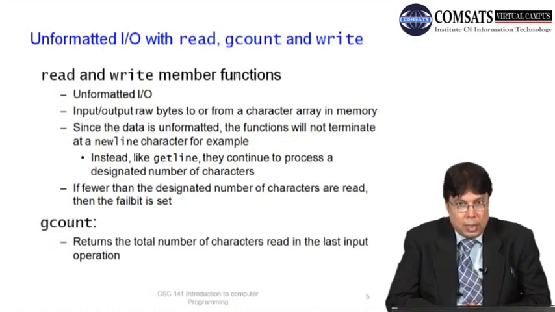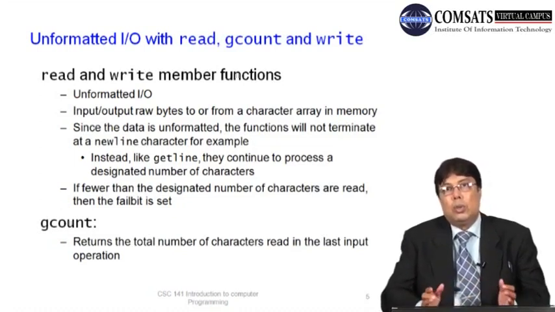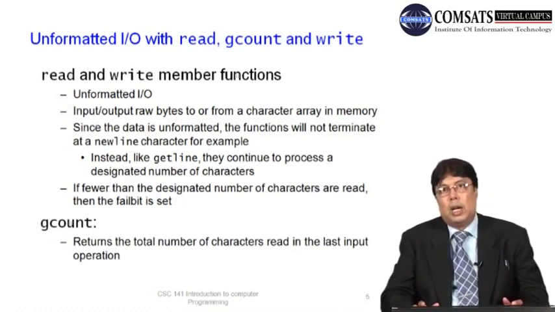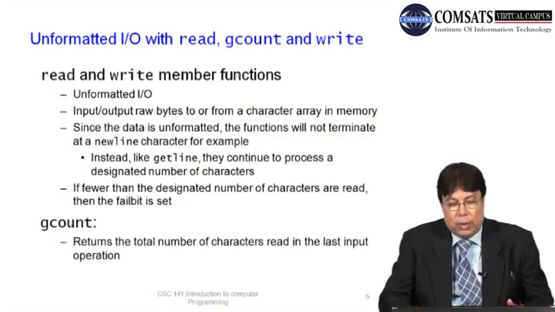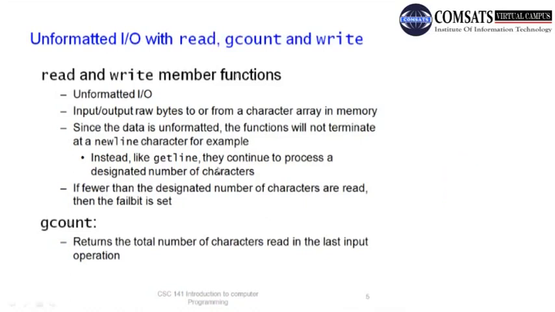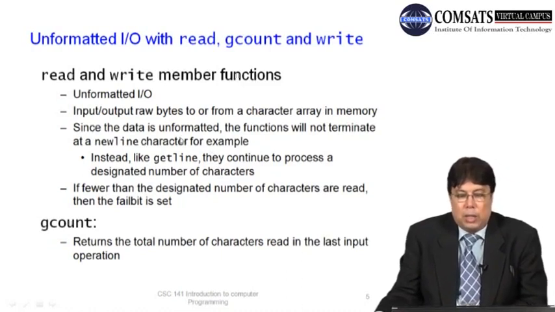Do you remember when it ended? It ends when you assign the system to read a block of characters, a block of data, and then you enter the end of file. So instead, like getline, they continue to process a designated number of characters, so it will keep on reading the data and will not terminate unexpectedly.